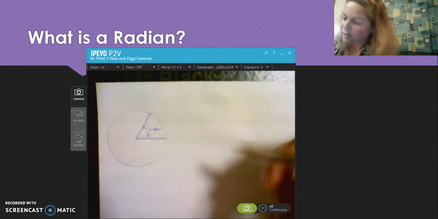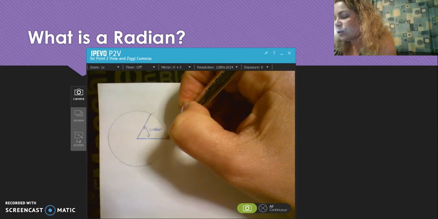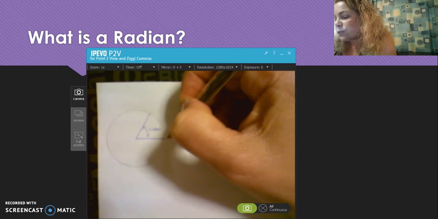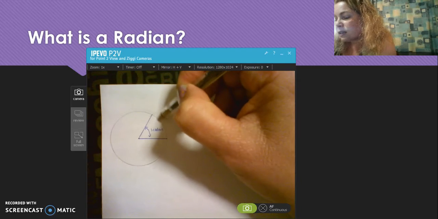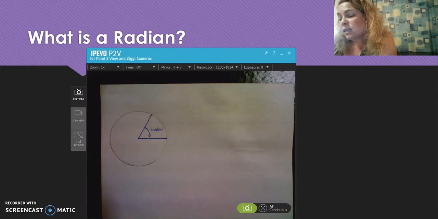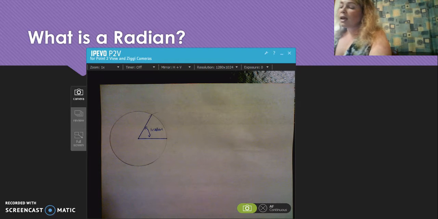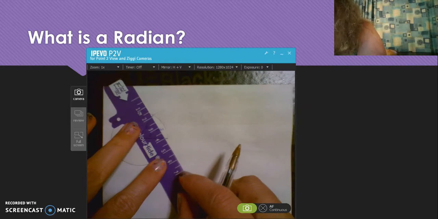So 1 radian is equal to the angle that is formed when an arc, the length of the radius, is scribed. Now, this equals 60 degrees. 1 radian is 60 degrees, and I can prove that in 2 ways.